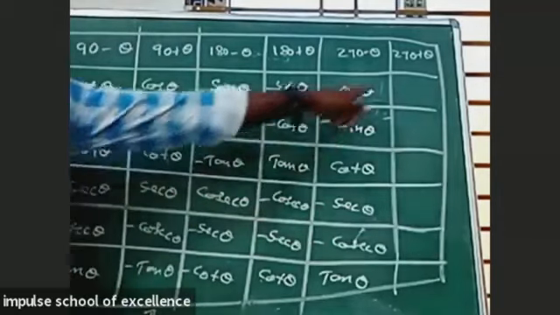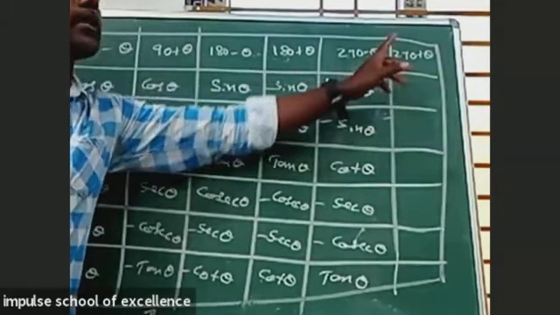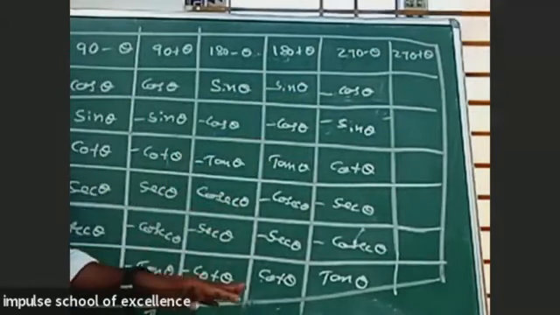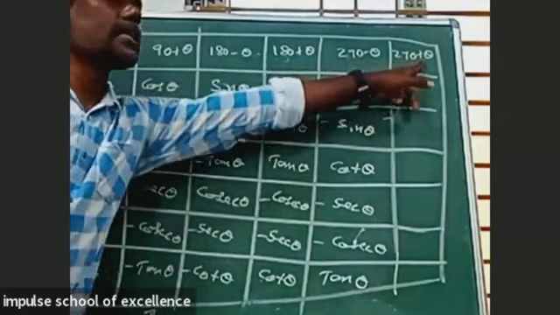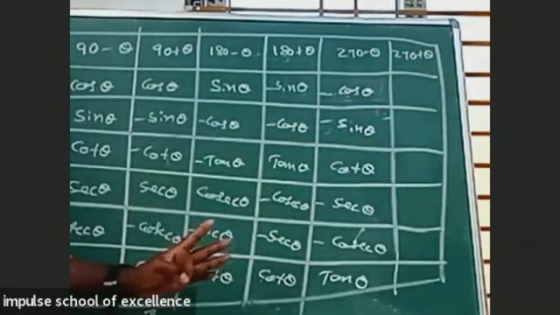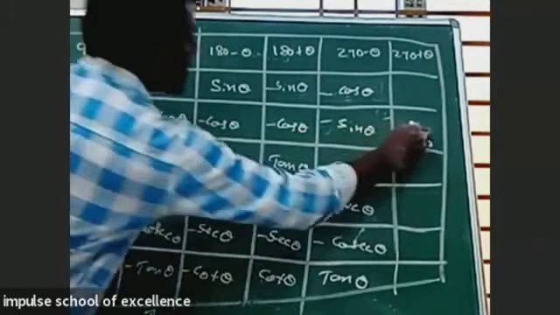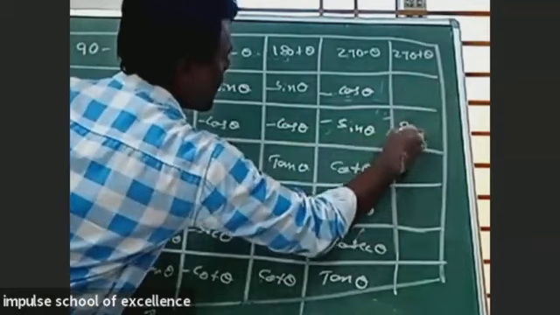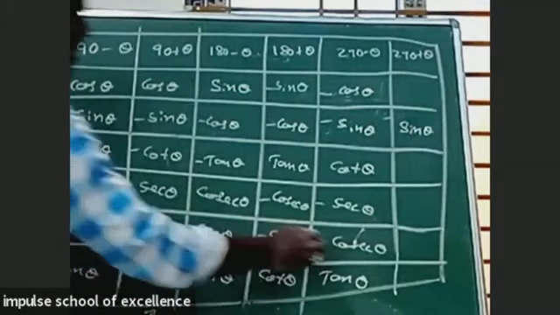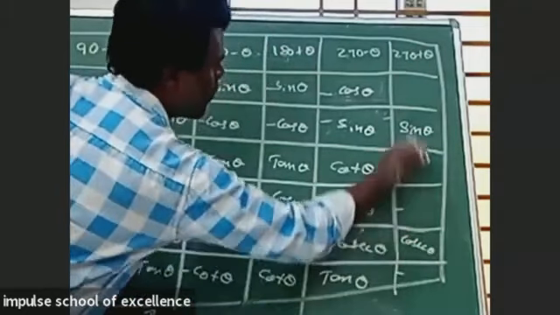Next, very good. So if you are observing 270 plus theta, here 270 will change the ratios: sin to cos, cos to sin, alternately, and plus theta is there. 270 plus theta is in the fourth quadrant. In the fourth quadrant, cos and secant are positive. Cos converts to sin, and secant converts into cosecant, and the remaining all are negative.